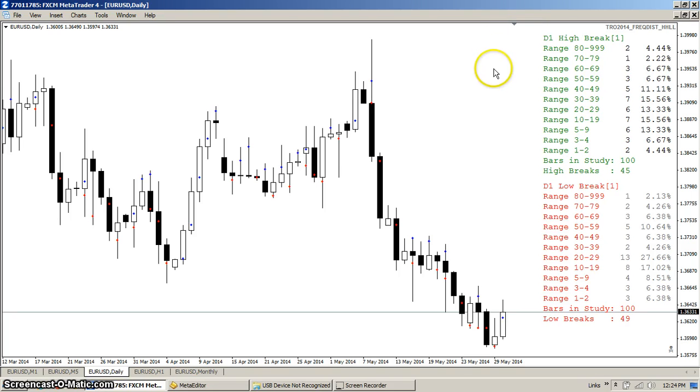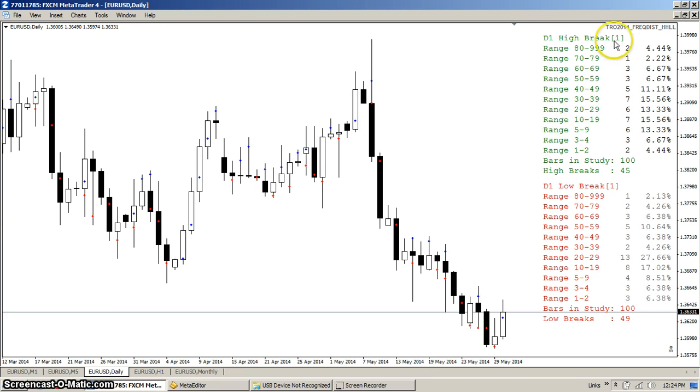So here we have frequency distributions, and in this case, higher high, higher low. In other words, a breakout. And I also have an indicator that puts a blue dot at the previous candle's high and a red dot at the previous candle's low.